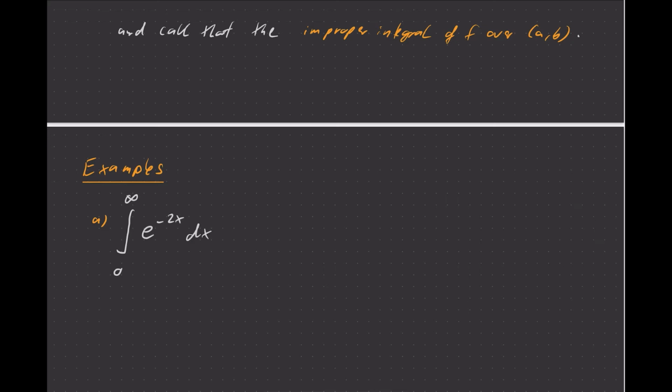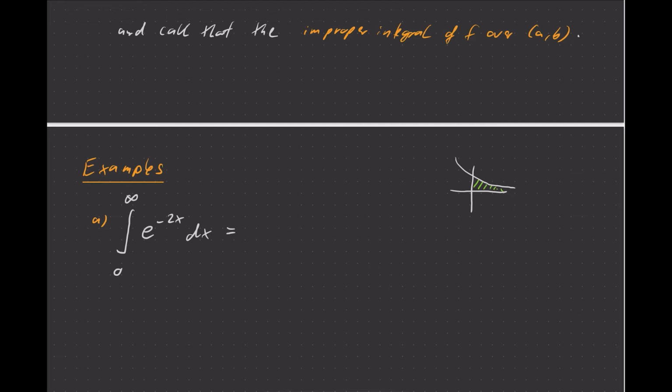Remember, e to the minus 2x, that's a function that very basically looks somehow like this. Right, so we're interested in that area here. And as the graph approaches the x-axis, one could expect this might be a finite area. So this might converge, and we will also say that this improper integral converges in such a case.